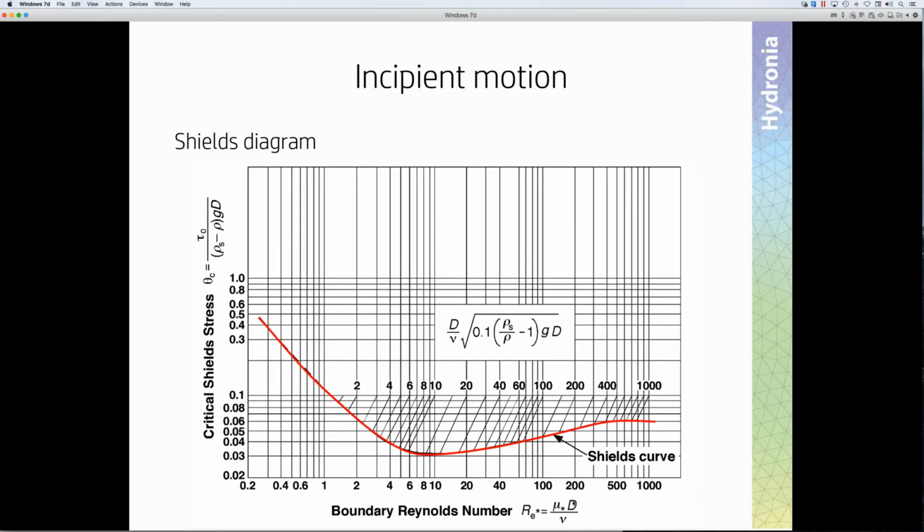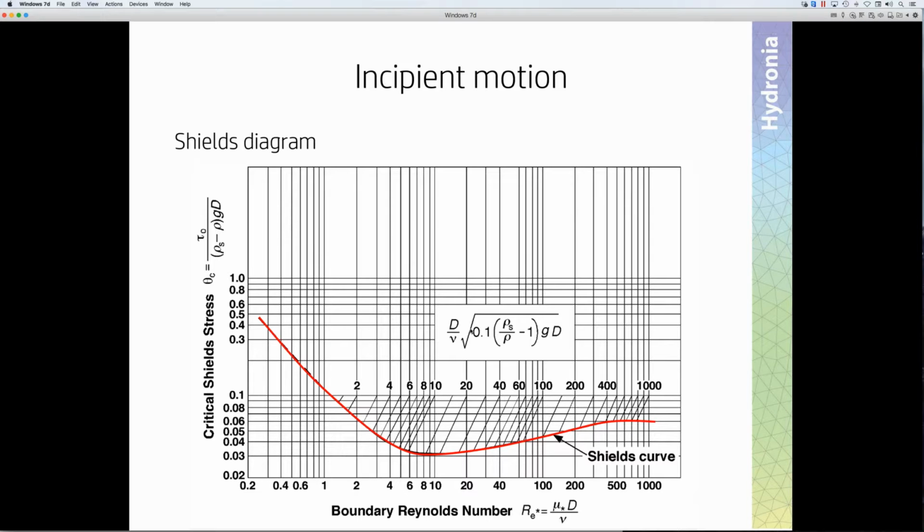This is the Reynolds number, which is a function of the sediment particle, the viscosity, and so on. And this is the critical shear stress, which is a function mainly of the shear stress that the fluid exerts on the particle, particle density, water density, and also the size of the particle.